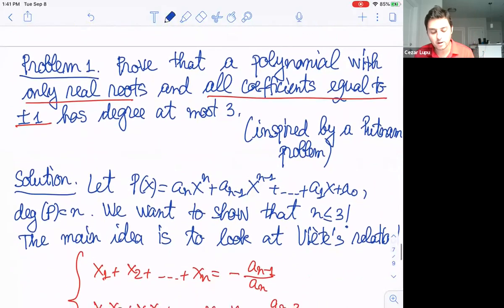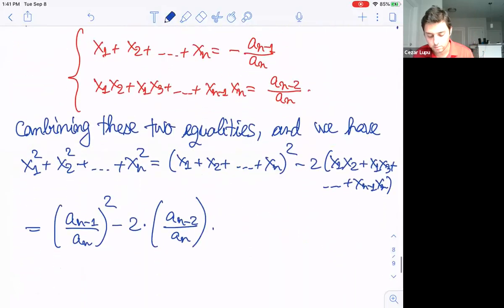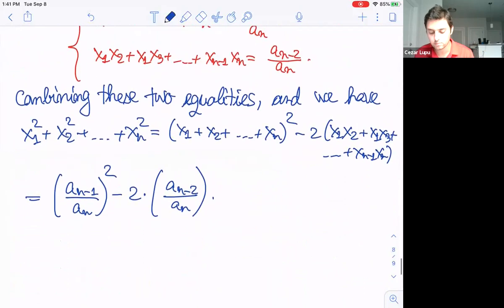That all coefficients are plus minus 1. So if all coefficients are plus minus 1, what is the possibility we have here? That this expression will be equal to what?